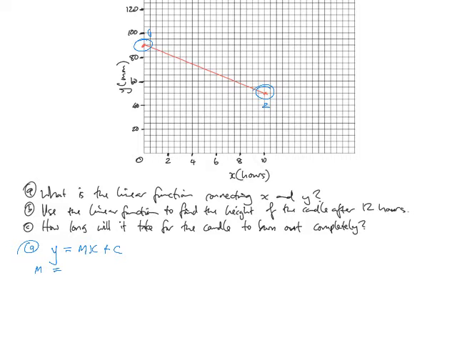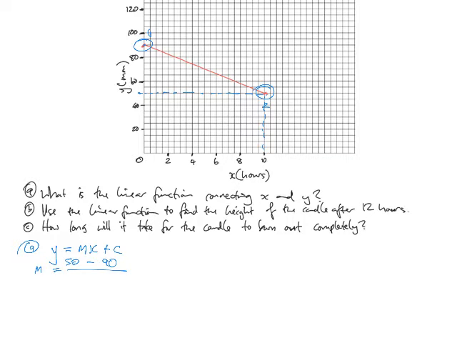So point 2's y-coordinate, if we go across like that and go down, point 2's y-coordinate is 50. And point 1's y-coordinate is 90, because it's up here at 90, it crosses the y-axis at 90.